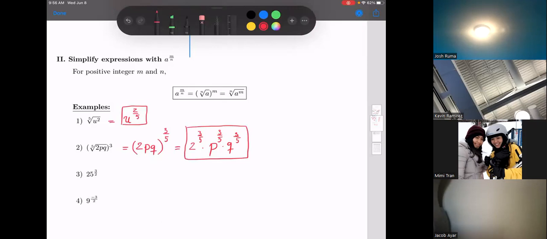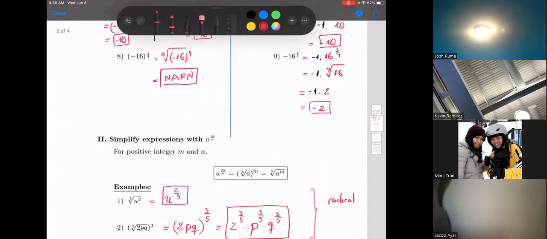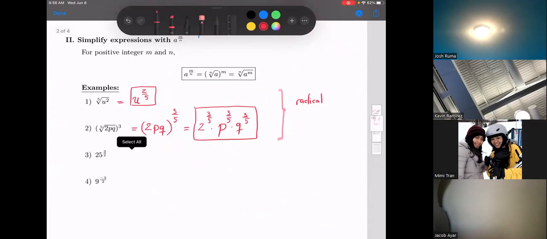Okay, so the first two is, again, radical. Did I do radical? Radical in blue. I want to change radical to rational exponent.